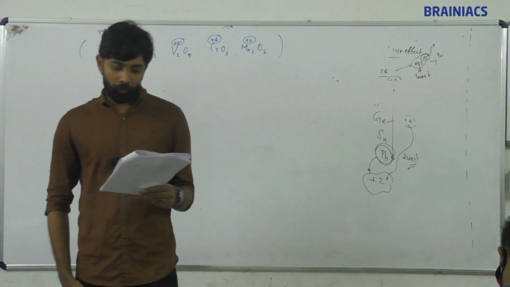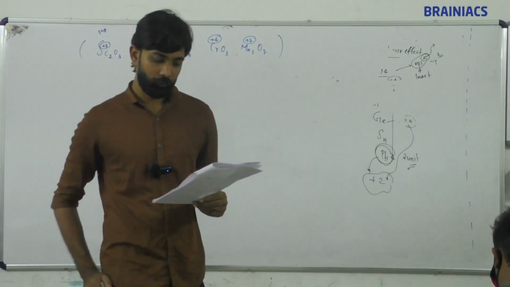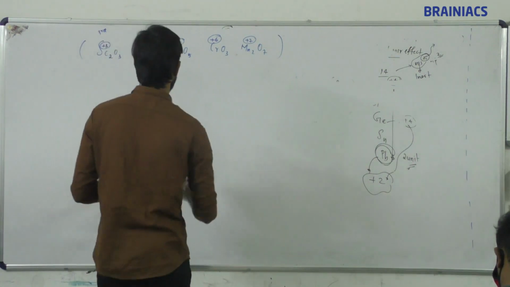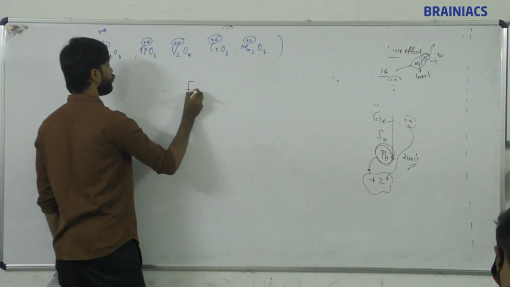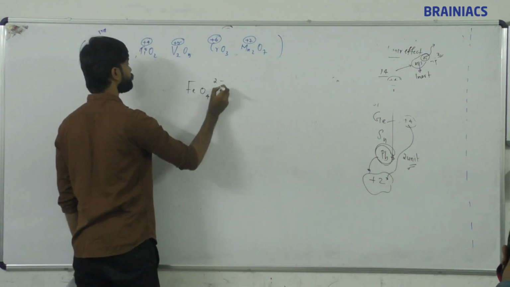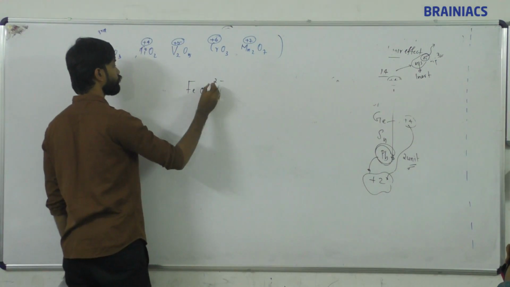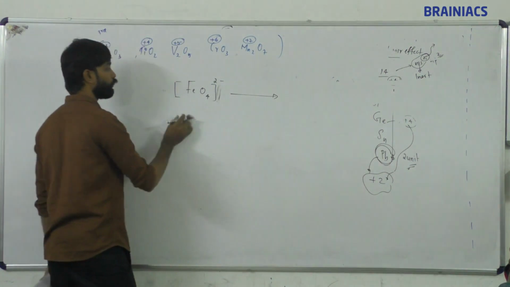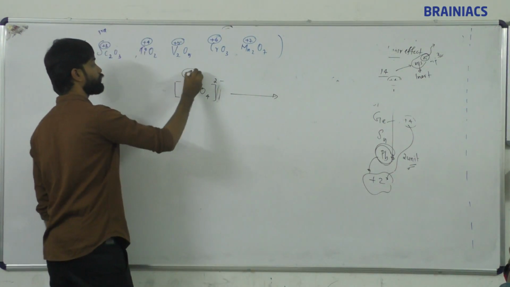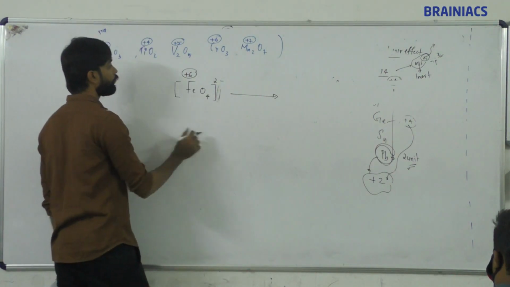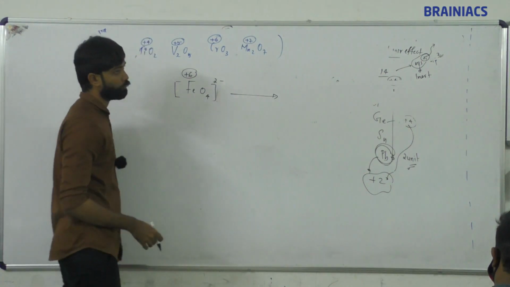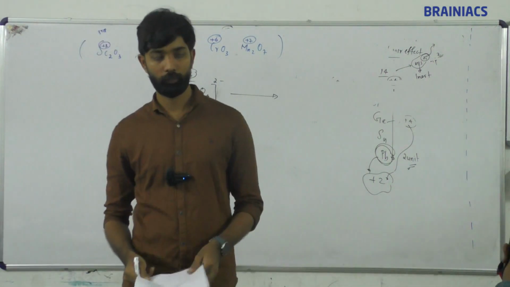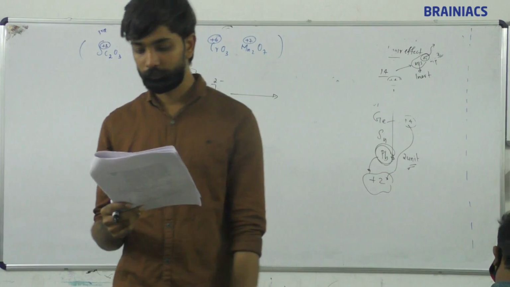Next, in FeO4 2-, what is the oxidation state of iron? In FeO4 2-, iron is in +6.